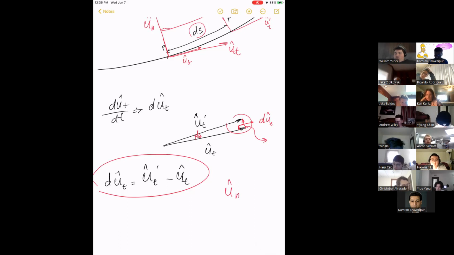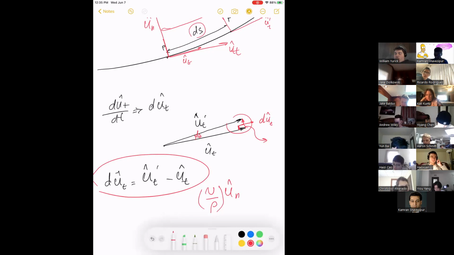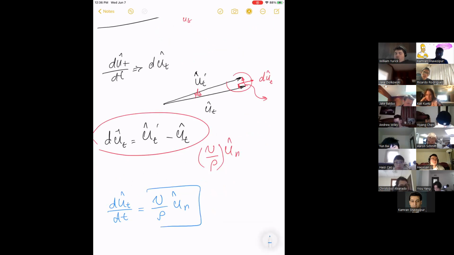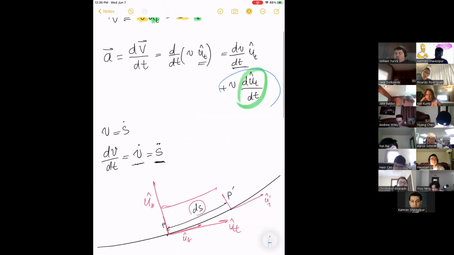And its magnitude is going to be v over rho. There's a derivation. I'm not going to go through the derivation. You can look at the book. If you need help, we can talk about it in the office hour, right? But technically, dut dt becomes v over rho un. Okay? Now, if I substitute here, the entire term is going to be v times v over rho un, right?